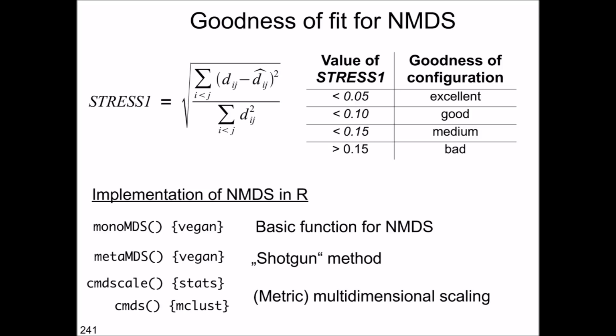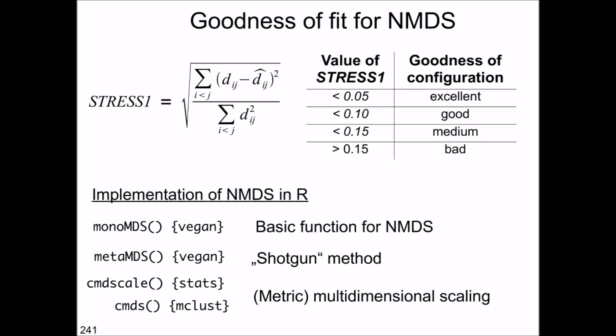So we are familiar with this way of determining the goodness of fit. The squared differences of the distances in the two matrices are used and divided by the sum of the overall squared distances to scale this by the level of the distances.